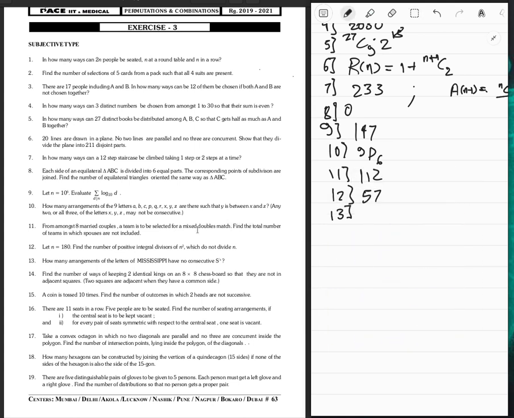13th. How many arrangements of this word, Mississippi, have no consecutive s's? No consecutive s's. Okay. Right, the same thing.